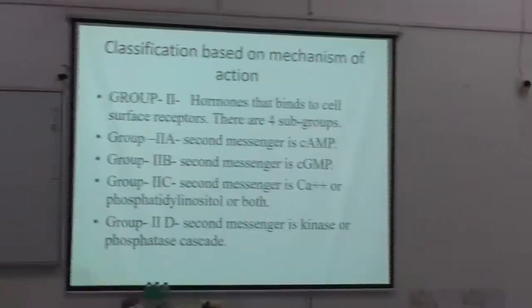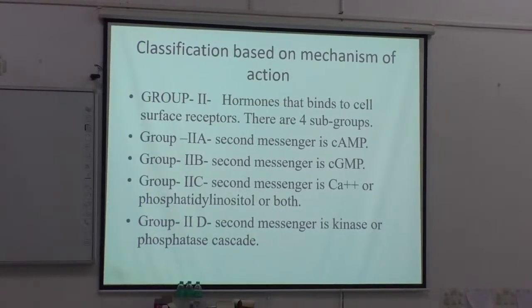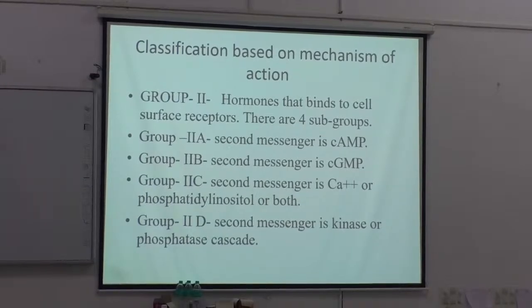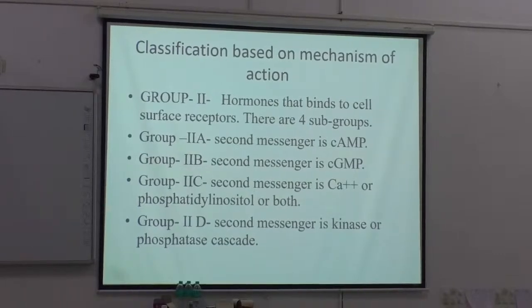So the second thing is to remember group 2A, which has cyclic AMP as second messenger, group 2B, which has cyclic GMP as second messenger, and group 2C, having calcium ion, Ca2+, or PIP2, phosphatidyl inositol, or IP3. All are same, identical.